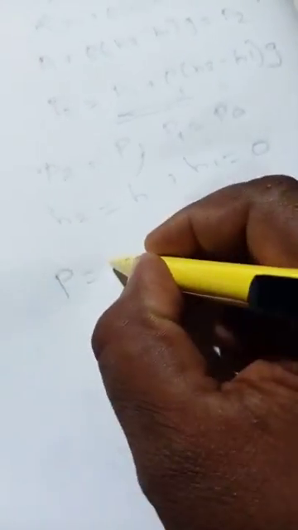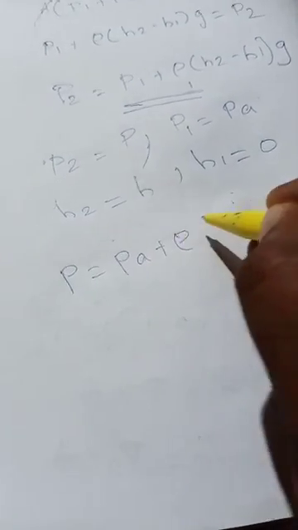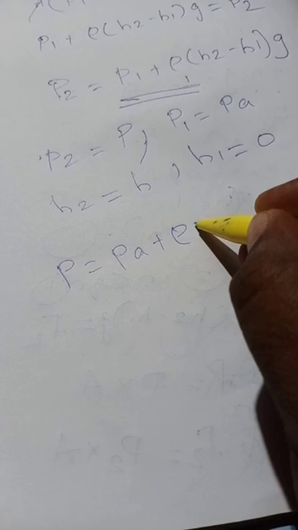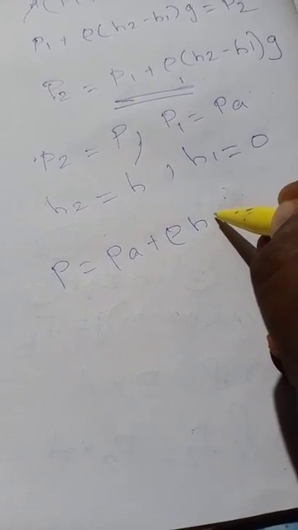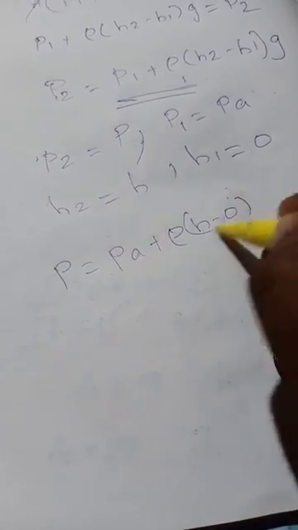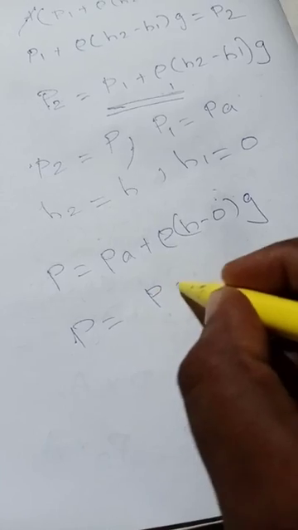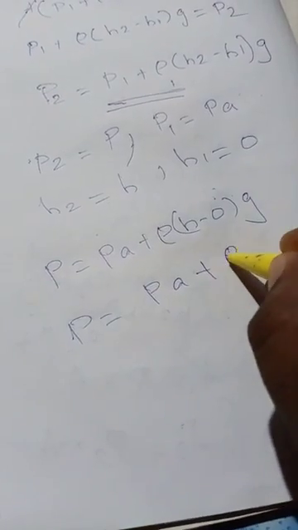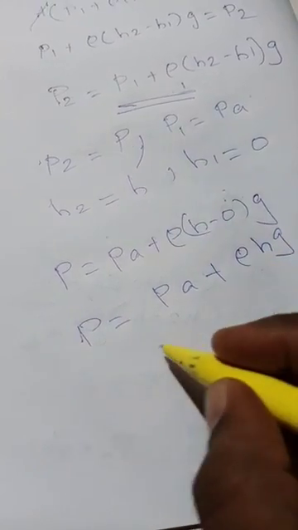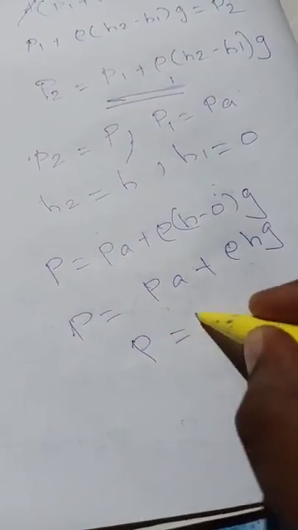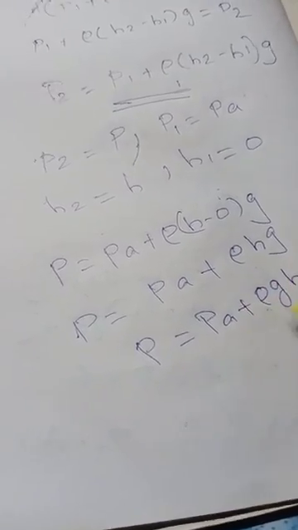P equal to Pa plus rho into H minus H1, which is H minus 0, into G. So you can write this equation, P is equal to Pa plus rho H, and rearranging, P is equal to Pa plus rho GH.